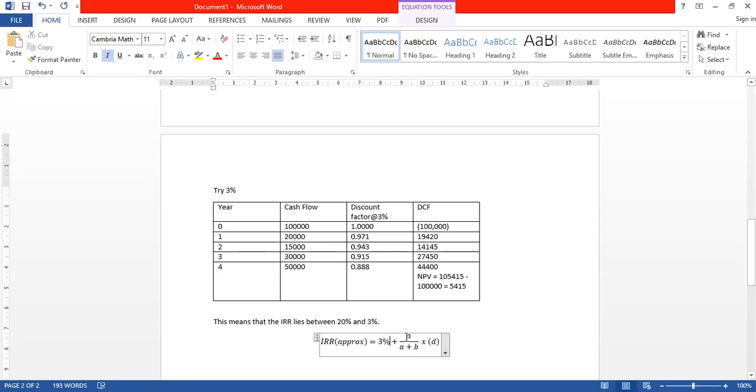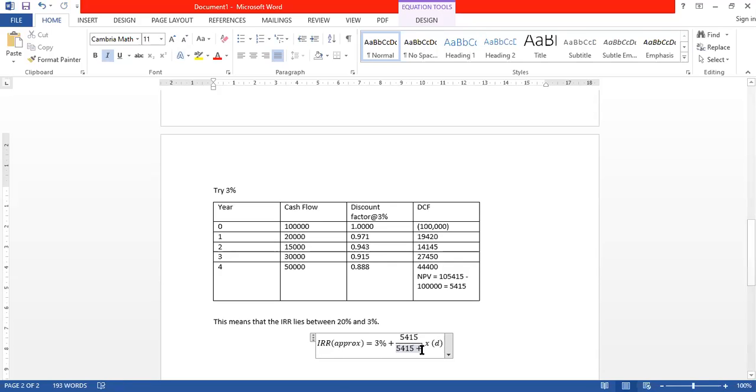Then the NPV of the lower discount rate is 5,415. Then you are going to use the absolute value of the other one, the negative one. You won't recognize whether it's negative or positive.